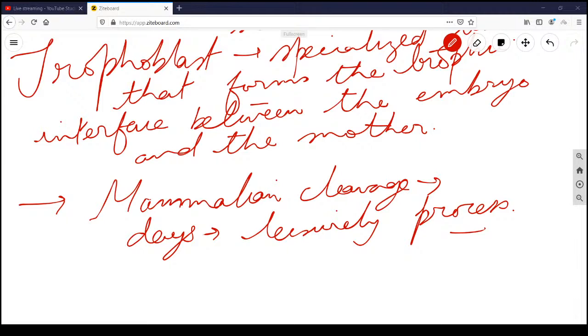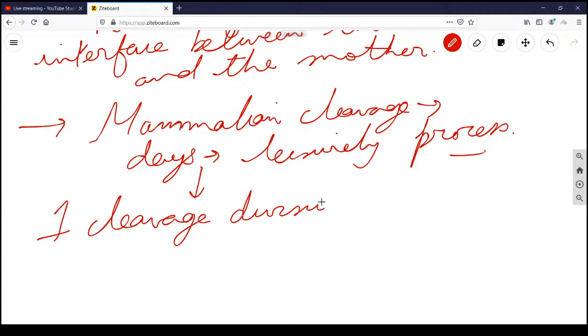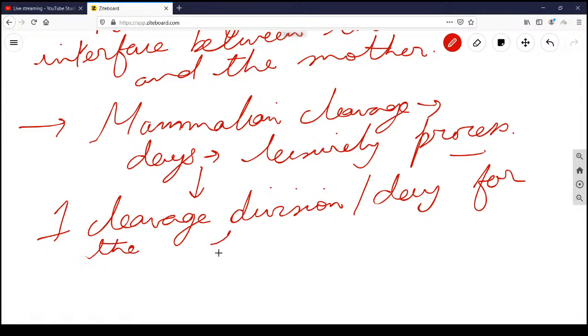It is that slow. You draw the diagram also.